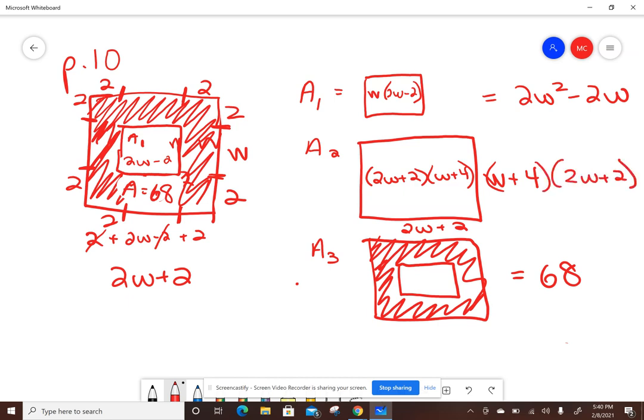Now, the reason I came up with area of little picture, area of total thing, area of picture frame is because this problem wants us to find out what the area of the actual picture is.